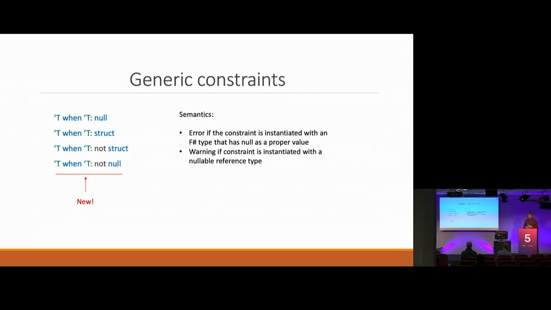If you try to instantiate an F# type that does have null as a proper value with this not null constraint, that is a compile error, and that will be consistent with the way you do things today. However, if you do it with just a regular old reference type like string, it's a warning rather than an error, and that's just for backwards compatibility reasons. Now, you could certainly tune that warning to be an error if you'd like, but that will not be the default, because we don't want to break people.